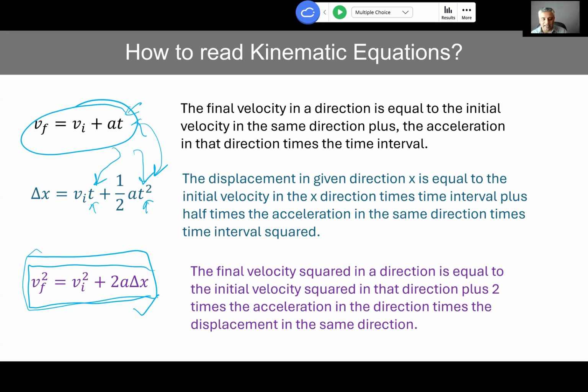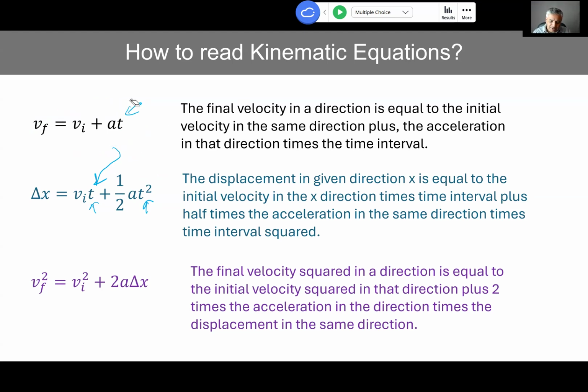I'm not going to do that algebra here. I may have done it in the notes, but that's all for now. While reading this equation, remember our goal is to understand what the equation means and how to use it to solve problems.